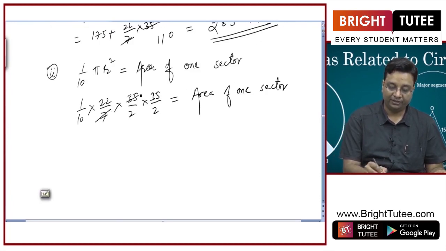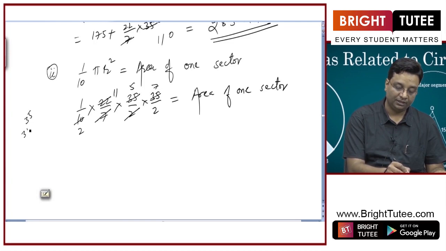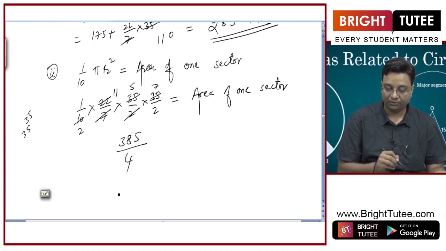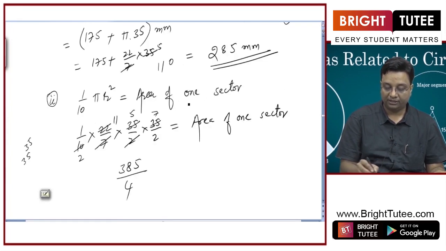Now if you simplify it, 5, 11, this can be 5 2s are 10, 5 7s are 35. Now this is 35, so 385 divided by 4, and this is the area that we are talking about, so the unit will be mm squared.